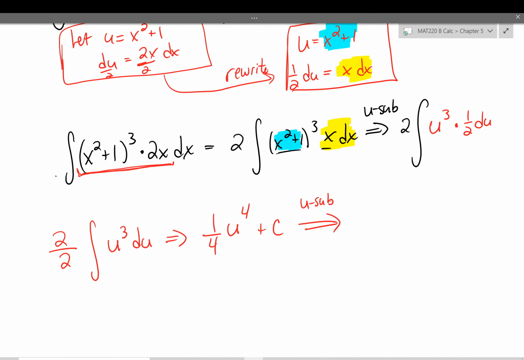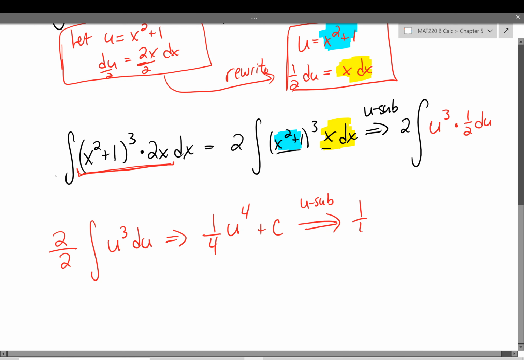Just like if I paid you in U.S. dollars, I would expect U.S. currency back. So this is going to be 1/4 times, well, u equaled x squared plus 1, so it's going to be 1/4 times (x squared plus 1) raised to the 4th plus c. Okay? And there's our first example of U-substitution.